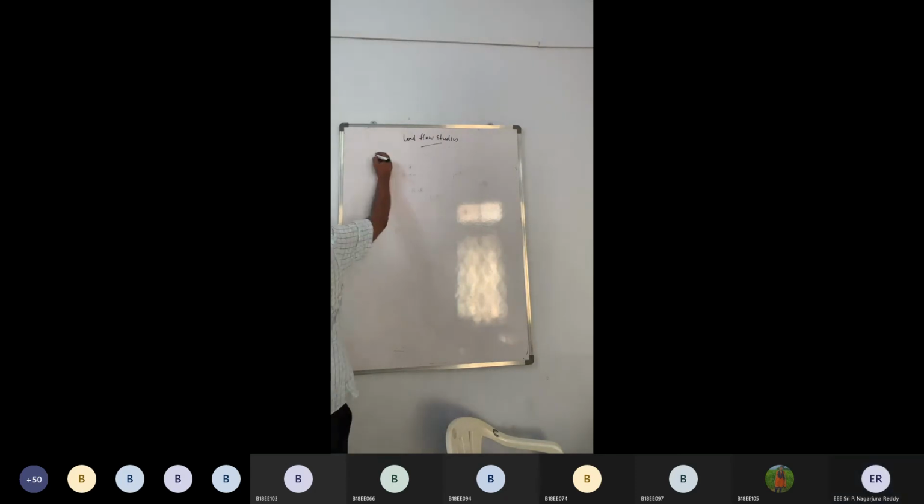Okay. There is a problem given for a three-bus system. The line data is given as 1 to 2, 2 to 3, and 1 to 3: j0.2, j0.3, and j0.4.